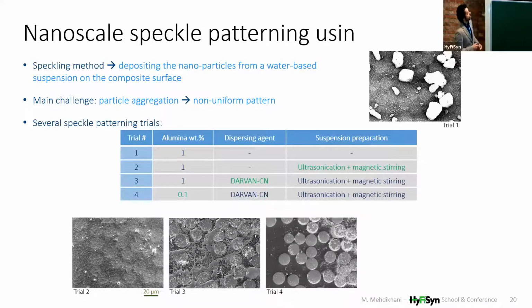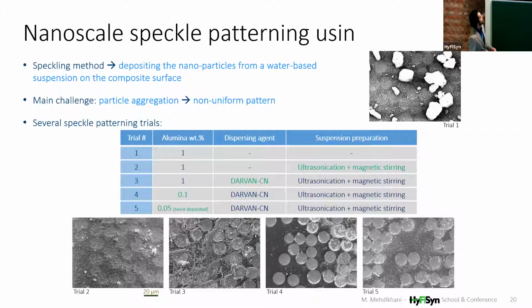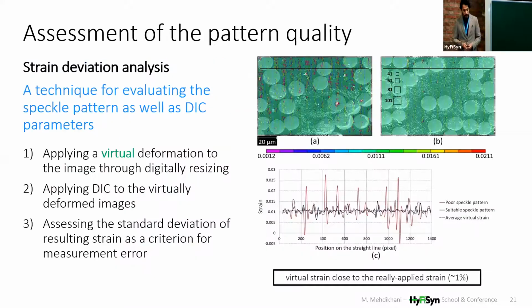But the concentration seemed to be quite high, so we reduced it, and then we saw it was quite low, but then we decided to apply it 2 times. Once we apply the deposition, we let it dry, and again we apply another round of deposition, and in the end we could obtain such a pattern which was satisfying.